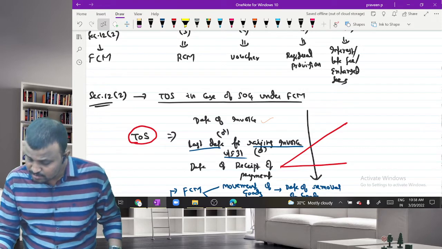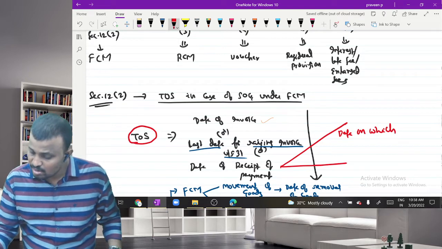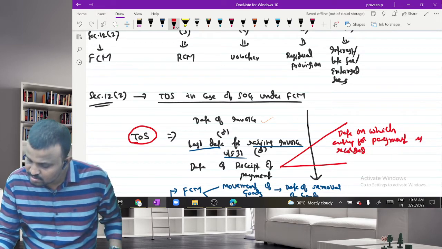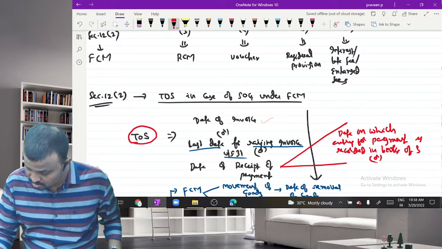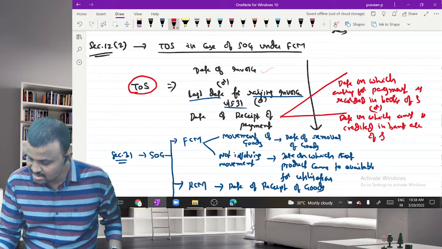In that case, the date of receipt of payment is the date on which the entry for payment is recorded in the books of the supplier, or the date on which the amount is credited in the bank account of the supplier, whichever is earlier.